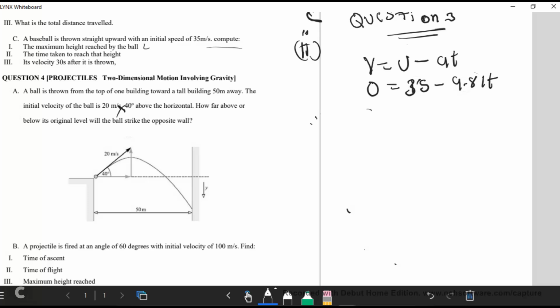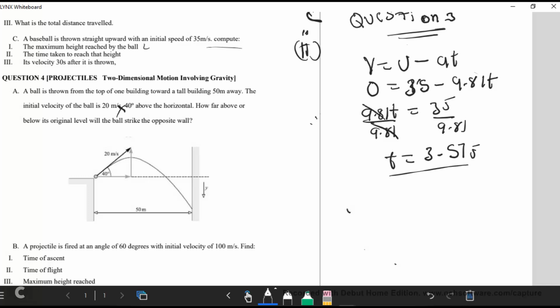When this goes to the other side, 9.81t is equal to 35, so t is 35 divided by 9.81. You'll find that your answer is 3.57 seconds. So this is how you calculate that one.